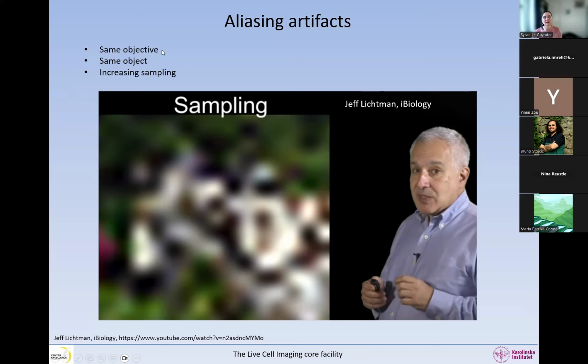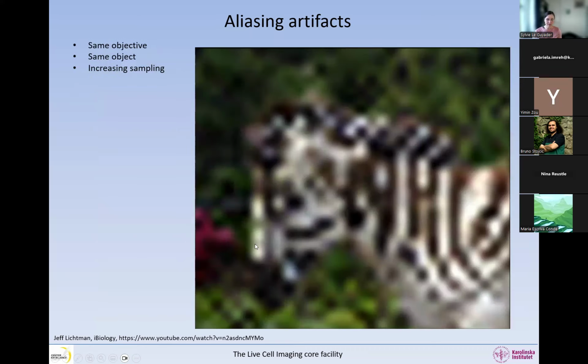In all the images that you're going to see, we are using the same objective, we have the same object, and we are increasing the sampling. Now we are really heavily undersampling the image, and that's what we see. It's a little bit difficult to guess what it is, but maybe you can guess. It's a zebra. So we have the same objective, the same object, but we're increasing the sampling.